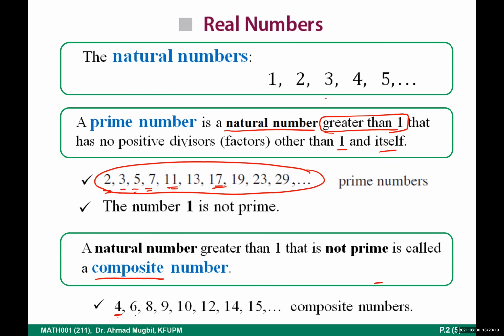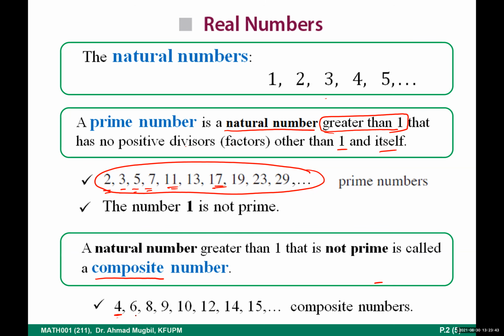The fundamental theorem of arithmetic says every natural number can be written as a product of prime numbers. Give me any number, it is a product of prime numbers. Okay, so of course this is the idea used to factor.